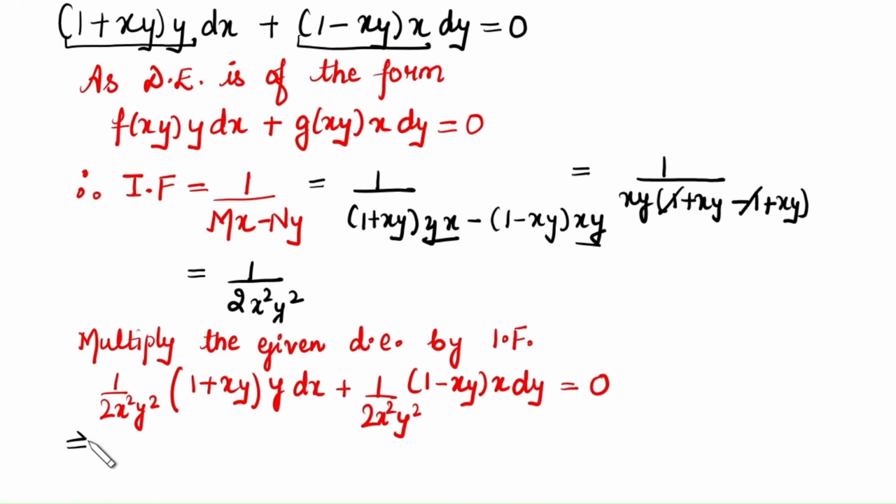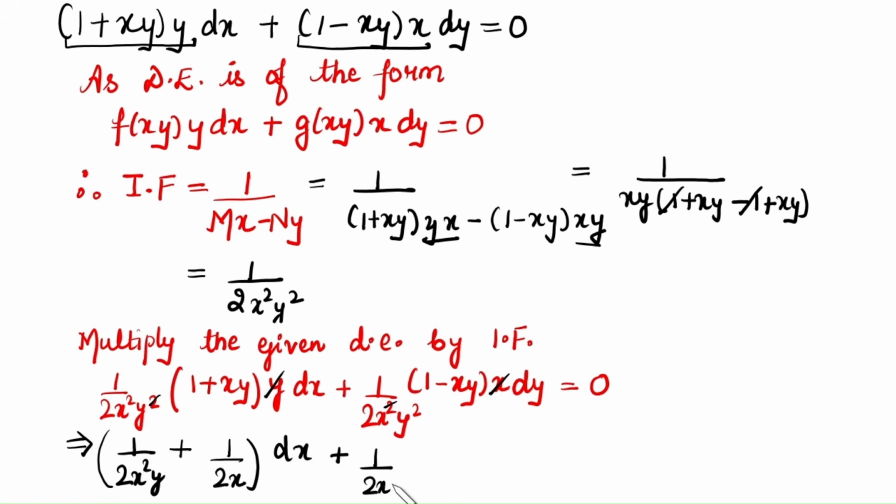So we can rewrite it as (1/(2x²y) + 1/(2x)) dx, because this y gets cancelled with the y once, and then (1/(2xy²) − 1/(2y)) dy = 0, where one x gets cancelled.